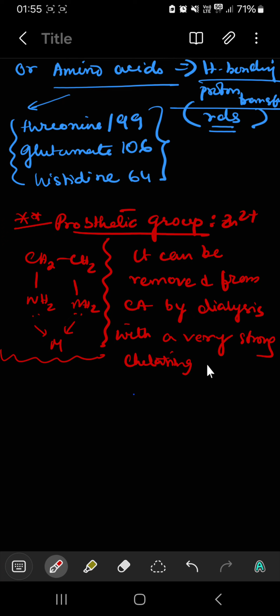Another example is EDTA, and here it is done by phenanthroline. Okay, so this is all about the structure of the carbonic anhydrase enzyme.